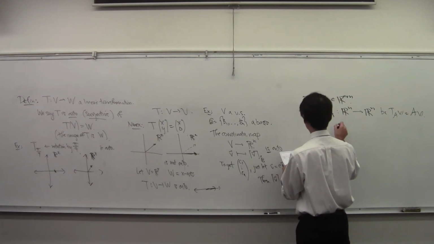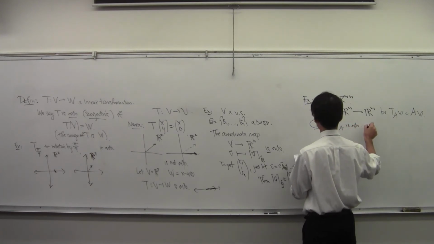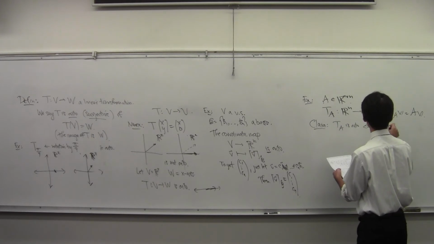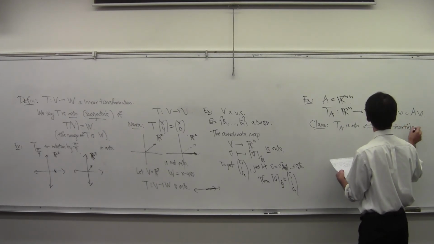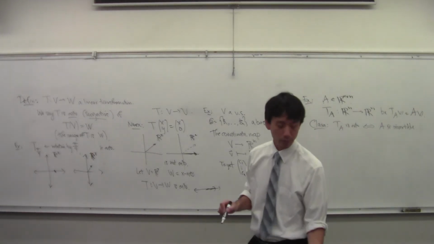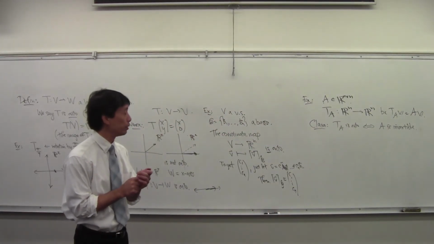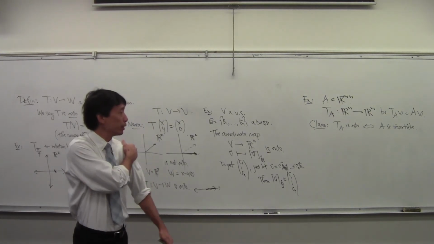Then the claim is that TA is onto if and only if A is invertible. TA is onto if and only if A is invertible.